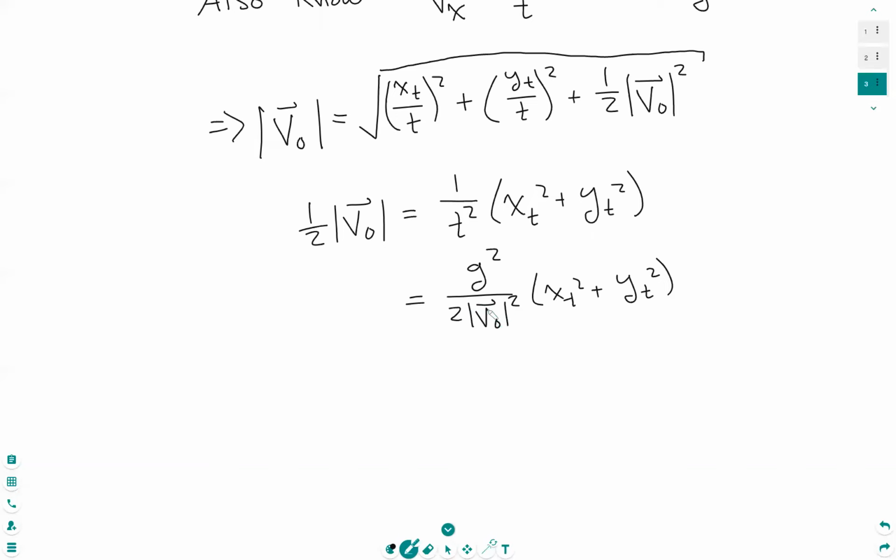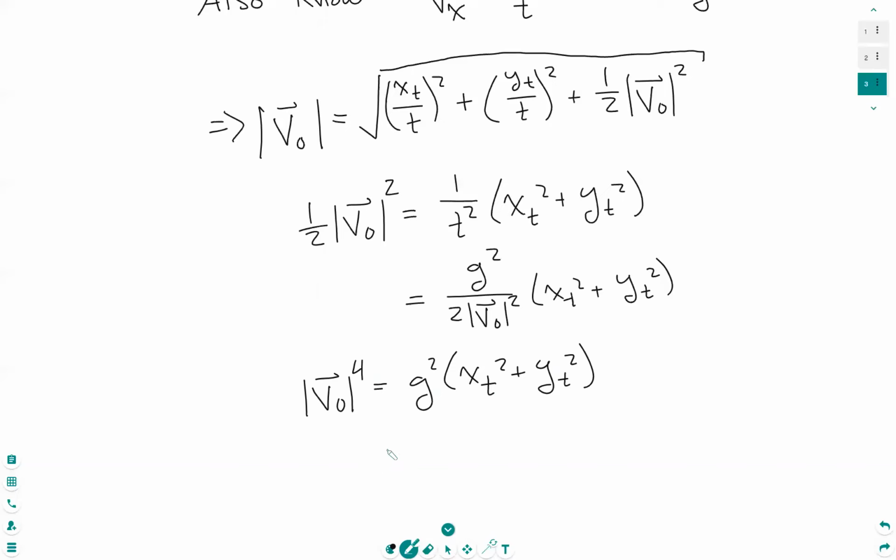What we can do is multiply over this v naught squared. We can cancel these 1/2s, so we have v naught in magnitude to the 4th is g squared times xt squared plus yt squared.